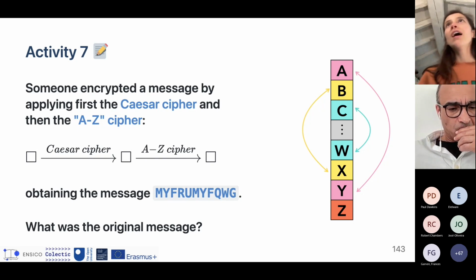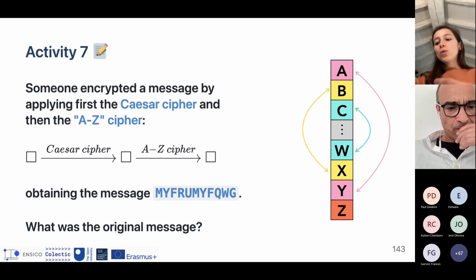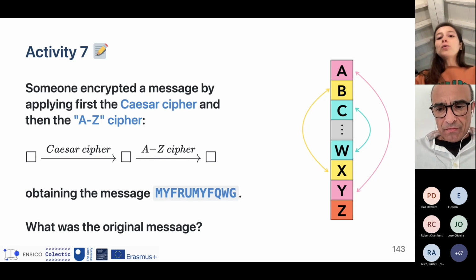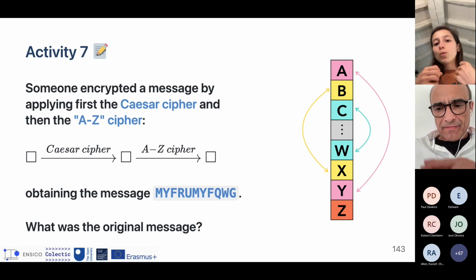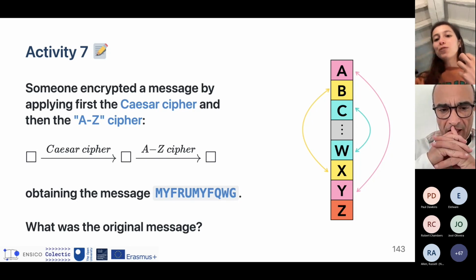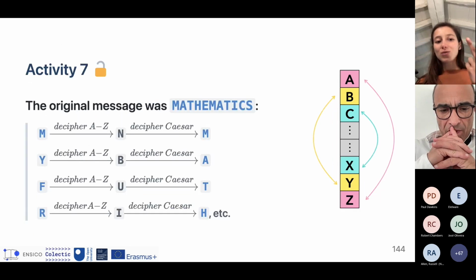It's like when you are putting on your shoes: first you put on the sock, and then you put on the shoe. But if you want to remove them, first you remove the shoe and then you remove the sock. So the order is reversed.